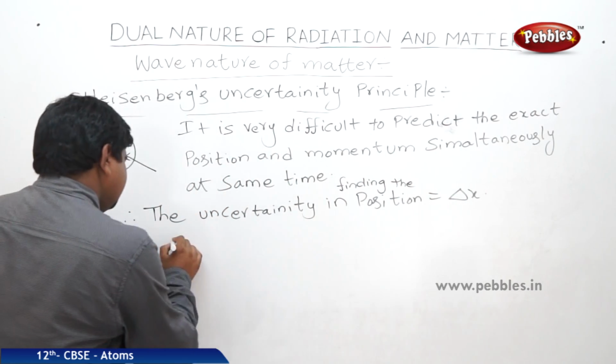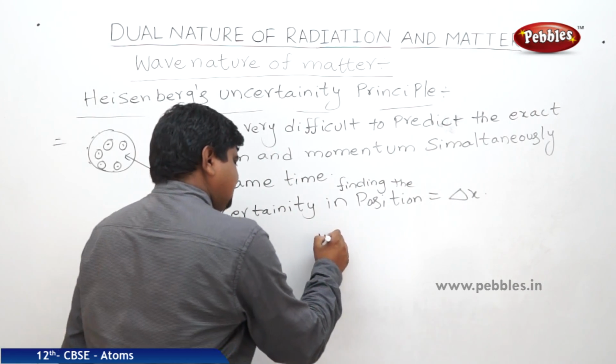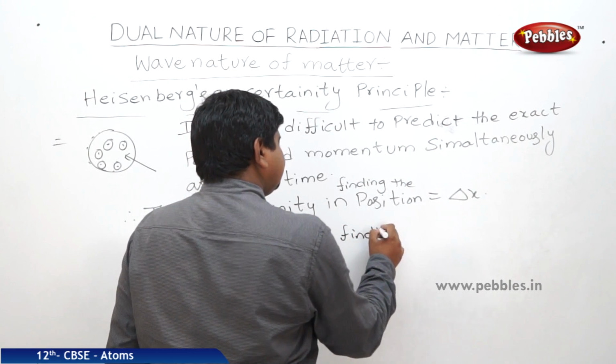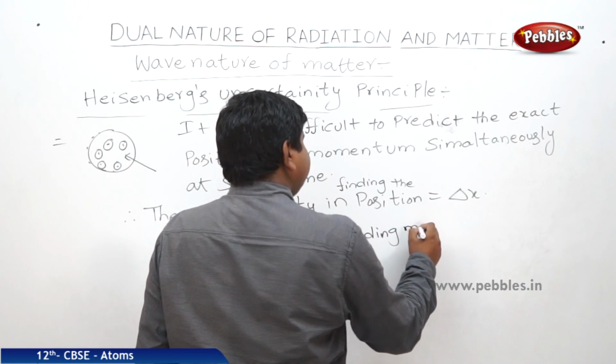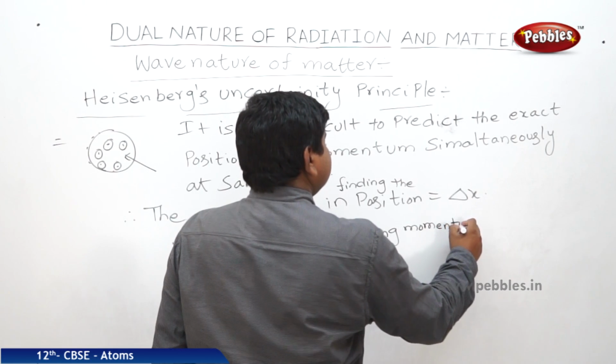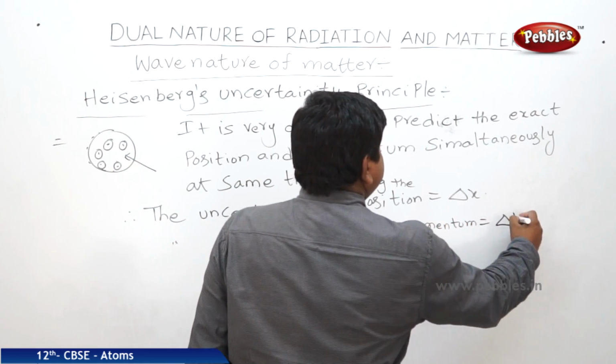Same like, the uncertainty in finding momentum is equal to delta p.